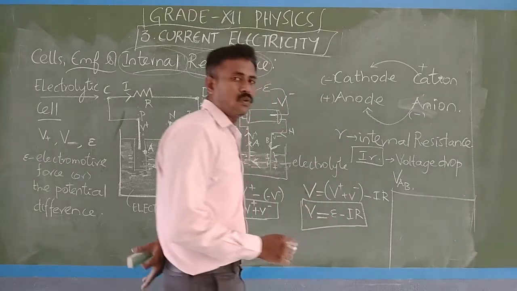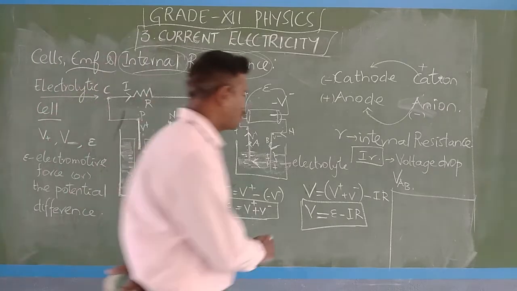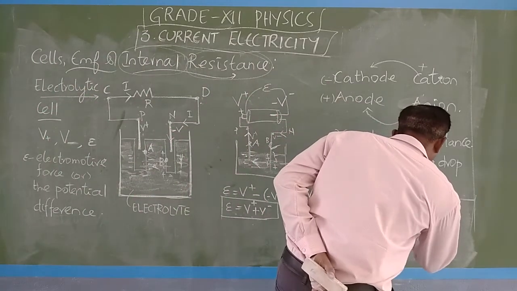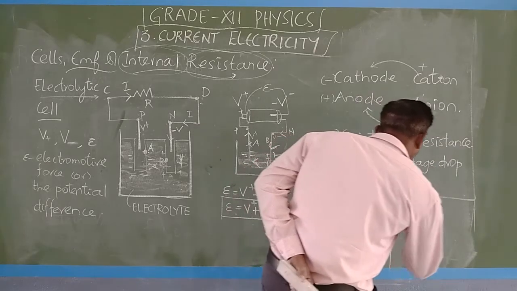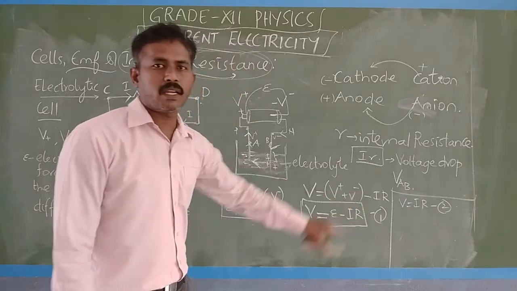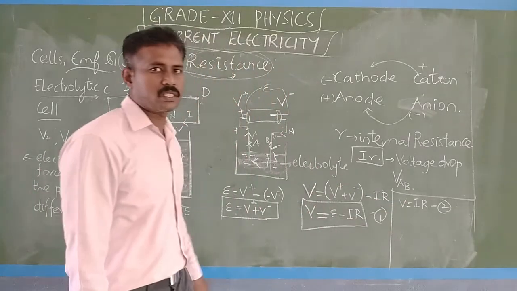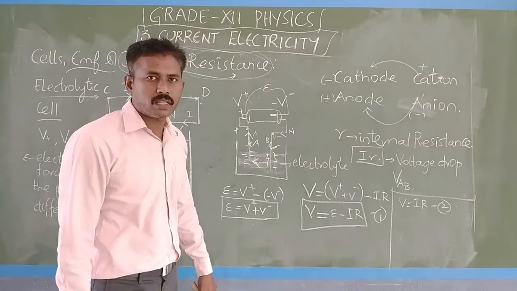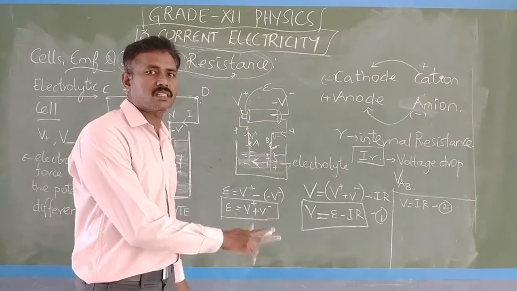As per Ohm's law, what is the voltage drop across this? V equals I times R (equation 2). Both are the voltages V and V, so I can equate relations 1 and 2.